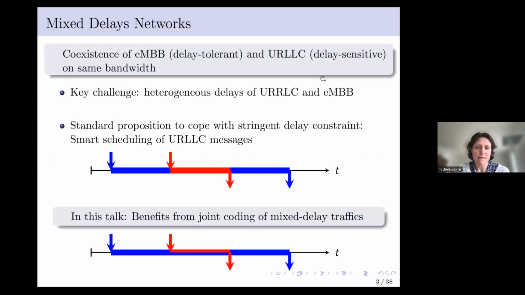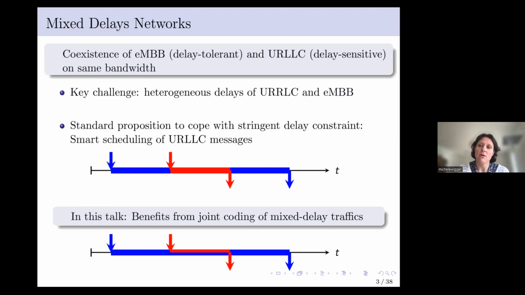Maybe a bit schematically, the key challenge is that we have to decode the URLLC before we decode the eMBB data. Schematically, to show what is done traditionally, it is a scheduling approach. A system would transmit the broadband communication over many time slots or channel uses.